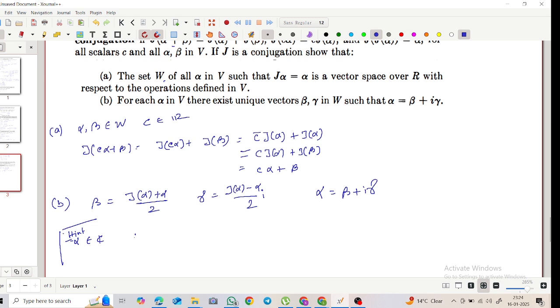Now, how can you write alpha? It is like real alpha plus I imaginary alpha, right? What is the real part of alpha, by the way? Alpha plus alpha bar by 2, right? And what is the imaginary part of alpha?